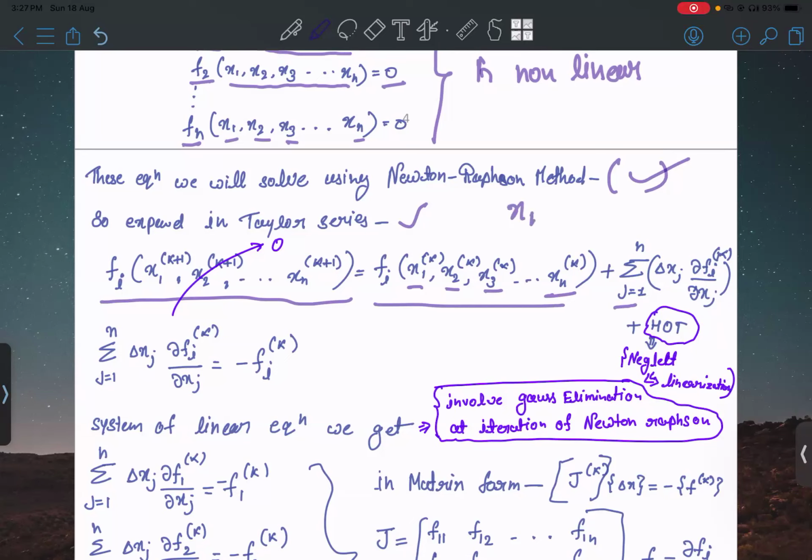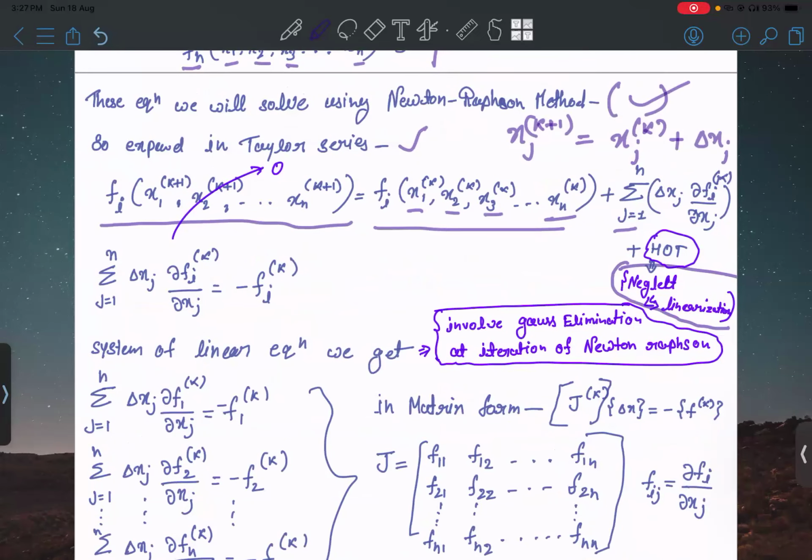I assume x at the (k+1)th iteration is equal to xk plus delta x, so for any j, I can write xj plus delta xj. Then I will linearize the equation, means I will neglect the second order, third order, and other higher order terms.